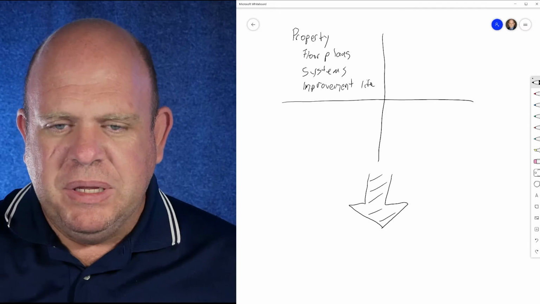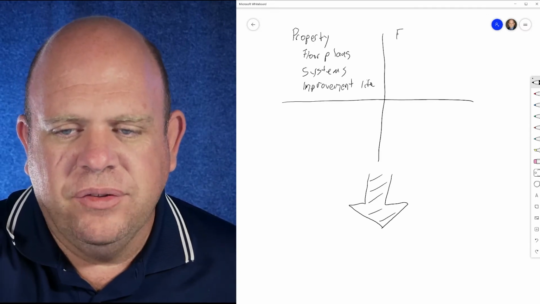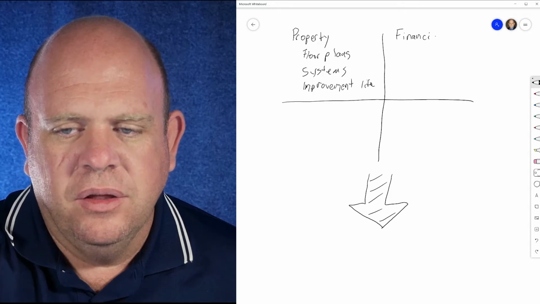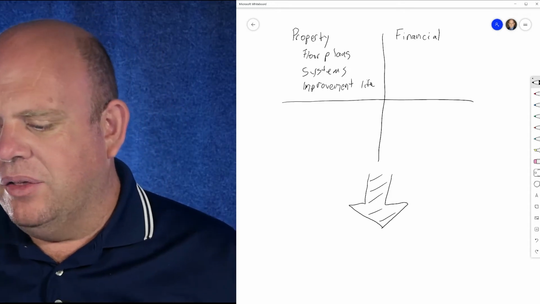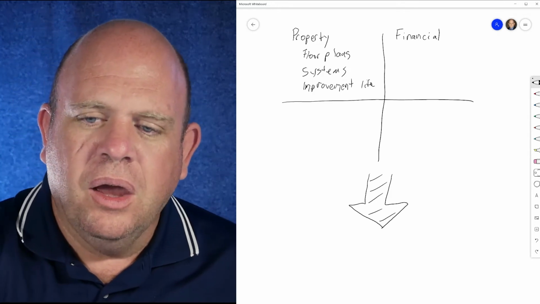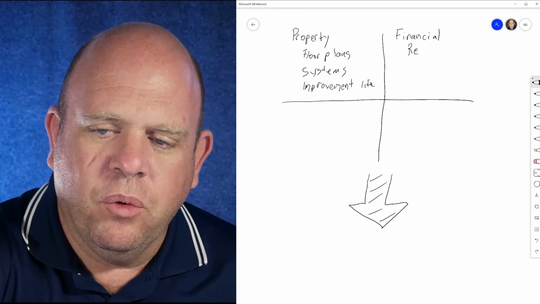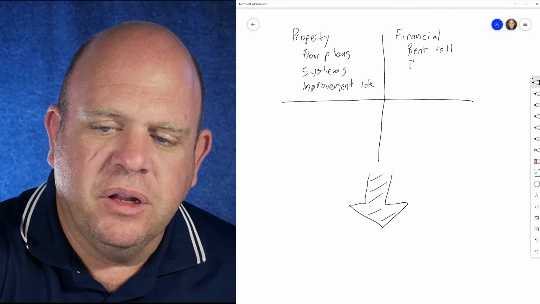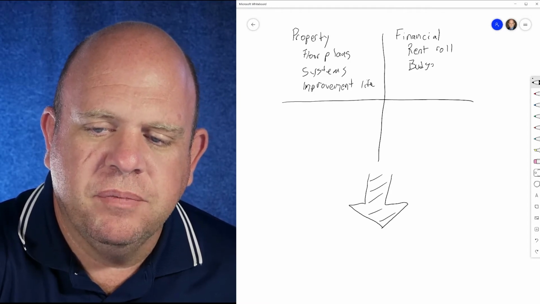The second piece of a necessary property management plan is the financial analysis piece. Now here, I'm definitely talking about rent roll, and I'm definitely talking about budgets.